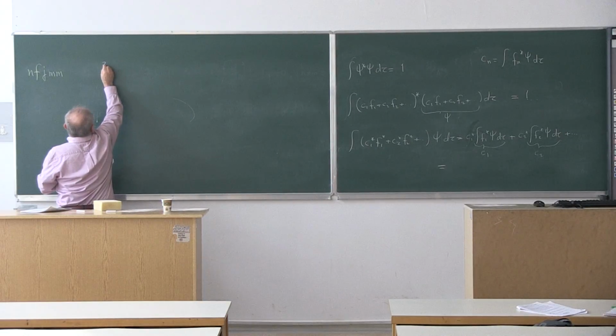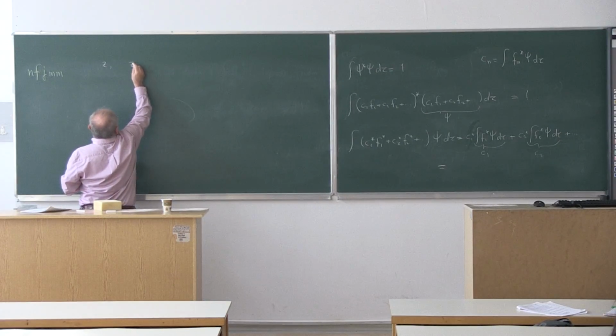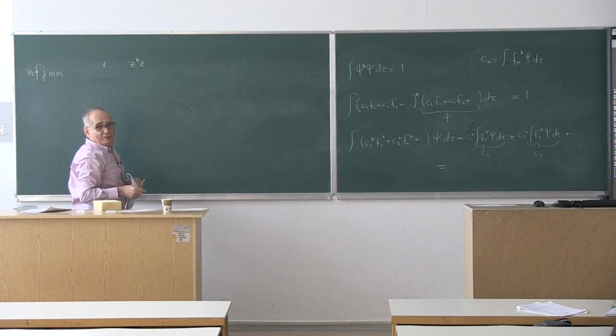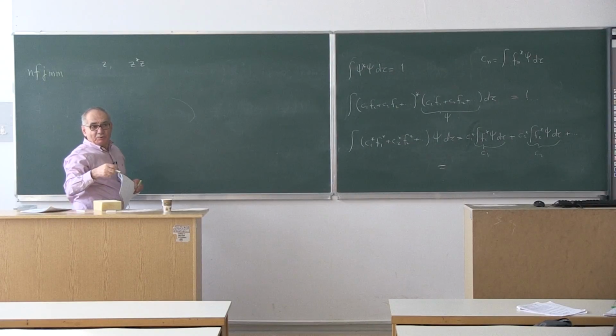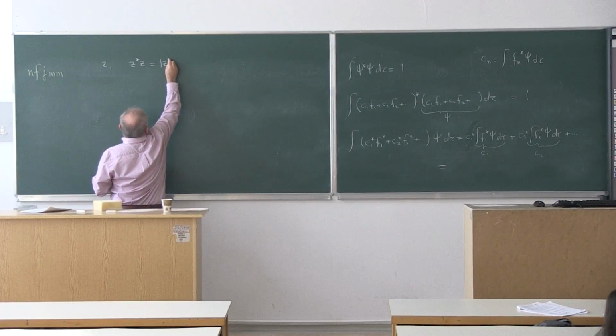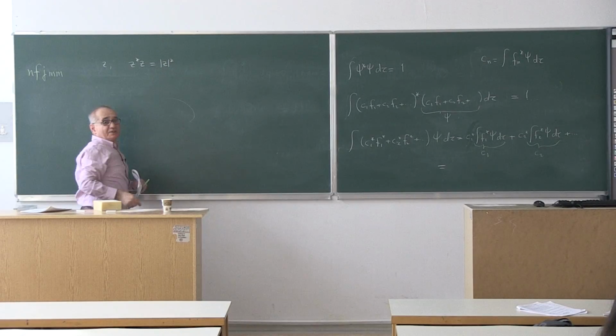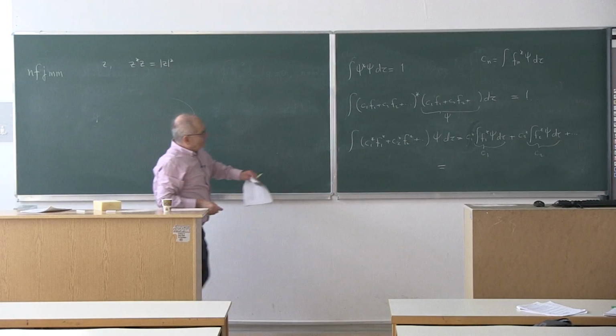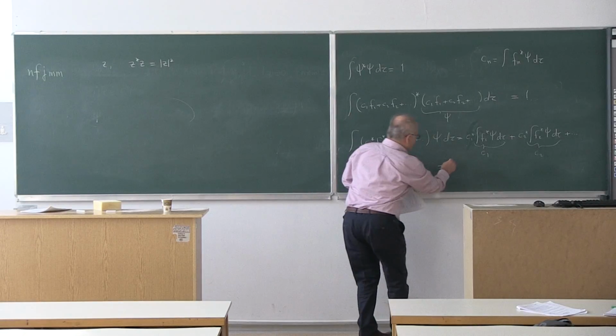For a complex number z, this expression, complex conjugate times itself, is called the magnitude square, and it is written as this. It is a positive definite real number. We have such terms here.